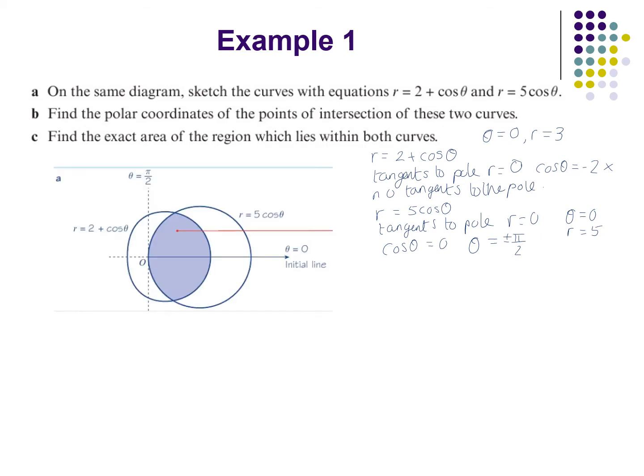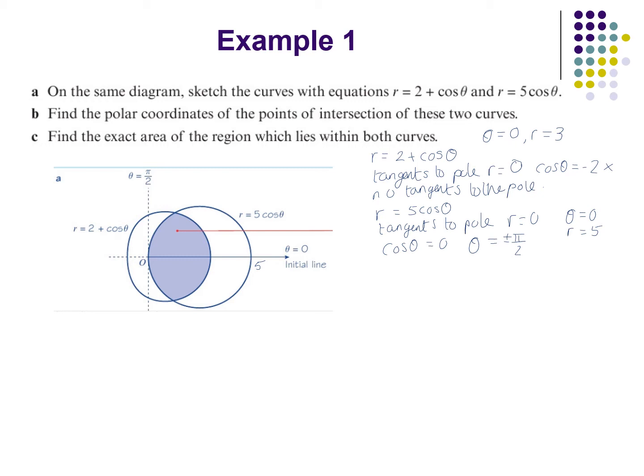Okay, here we go. So r equals 5 cos theta, that's our circle. We know it goes on the initial line at 5, so this has the value 5 here. Okay, and then it goes through, there's my tangents to the pole. Can you see the vertical axis there? The other one, it's not quite a circle, it's one of these limacons with a flat side to it.